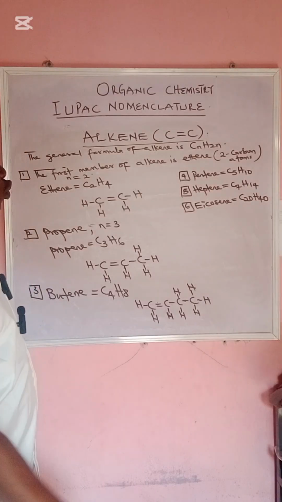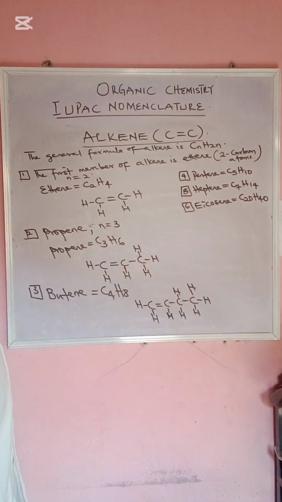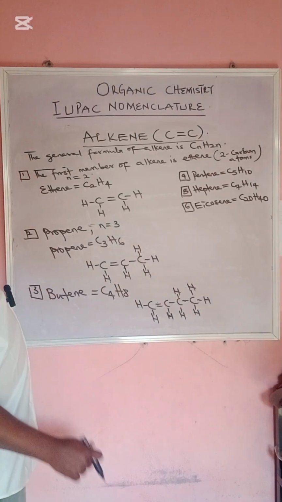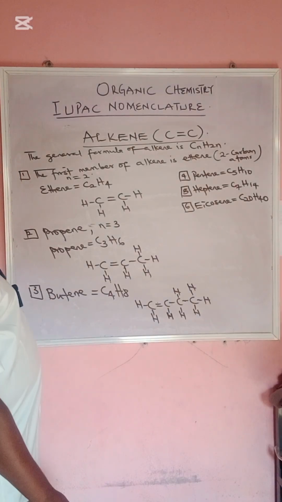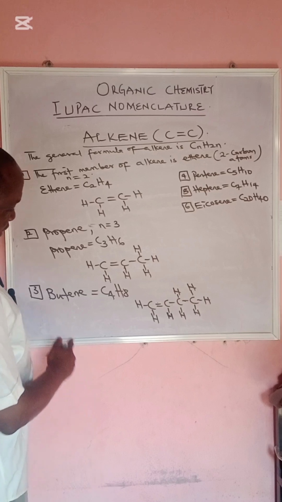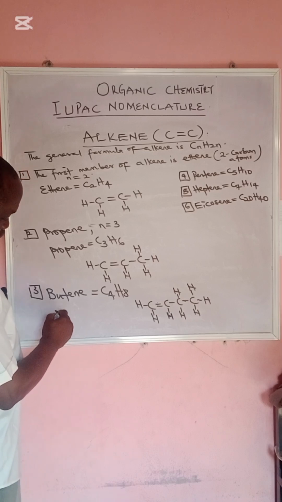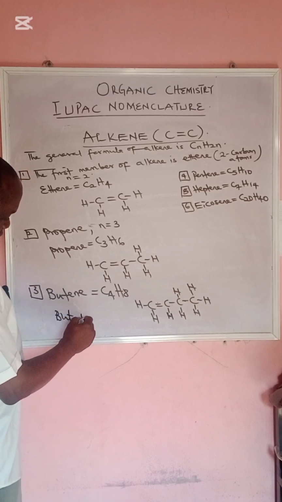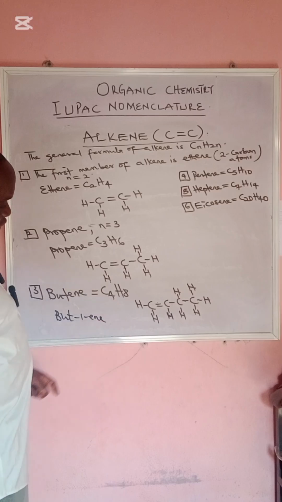But remember, all these can be named differently. Instead of saying butane, you can say but-1-ene, because the double bond is between carbon 1 and carbon 2, then you take carbon 1.